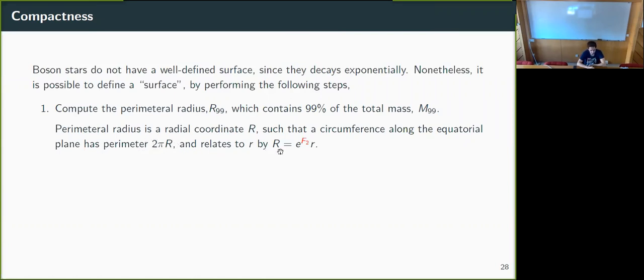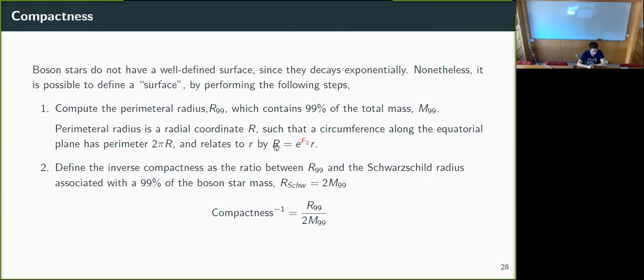So in this case, this is quite easy to obtain. You just have to compute this formula. Then, with that radius, you compare it with the Schwarzschild radius for an object that has 90% of the mass of that boson star. So basically, you only have to compute this ratio, and you define basically the inverse of the compactness.